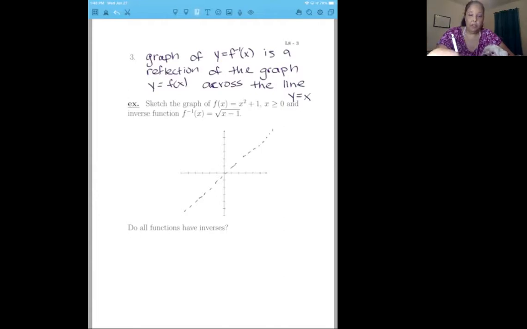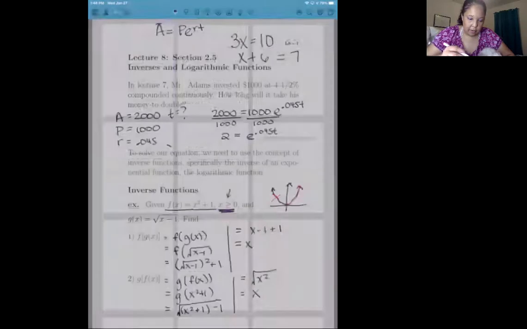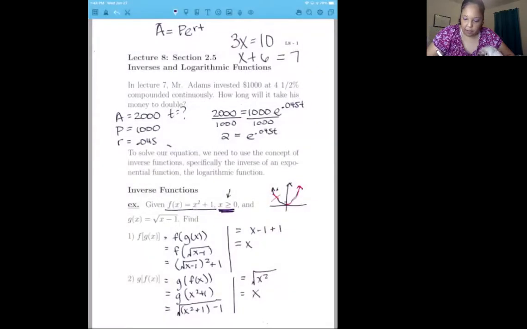All right, so first off, we talked about already that the graph of x squared plus 1, that's a parabola shifted up 1, and oh, I guess I didn't shift it over here. I should have. This should have been shifted up 1.